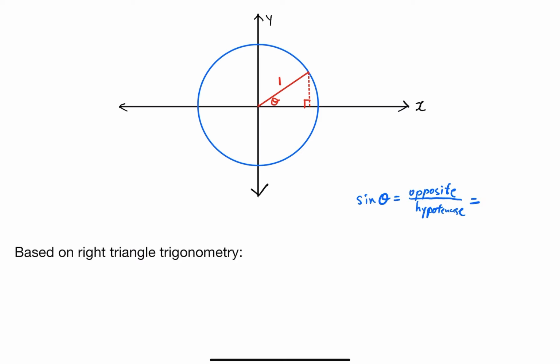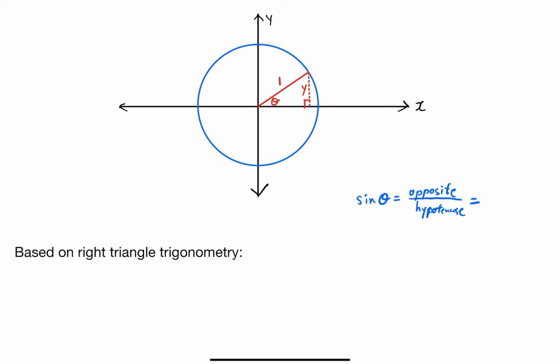Well, what is the opposite side? The opposite side is this length right here. So let's go ahead and call that y. The distance from here to here, we're going to label y. So this is y.